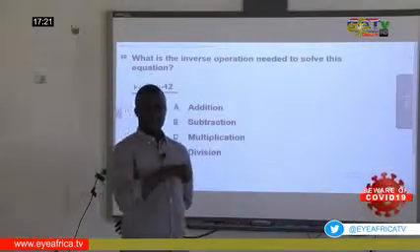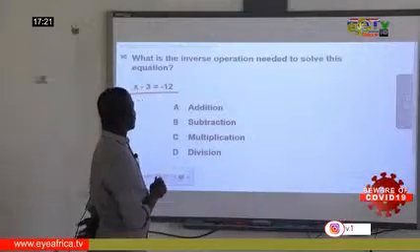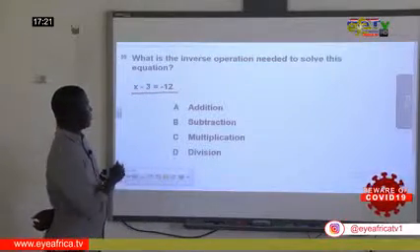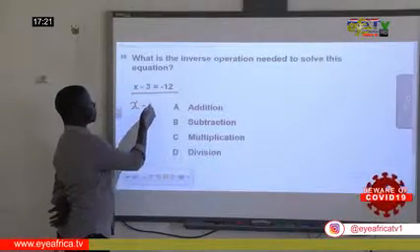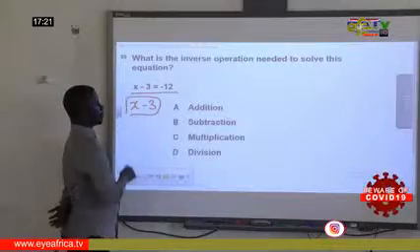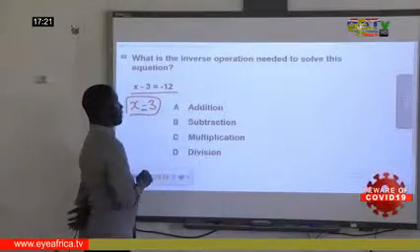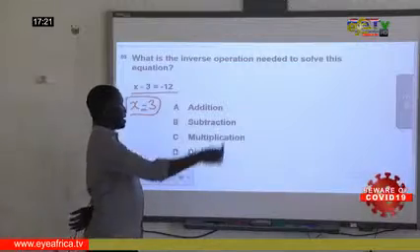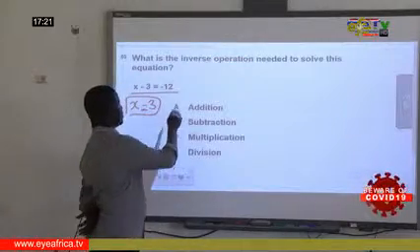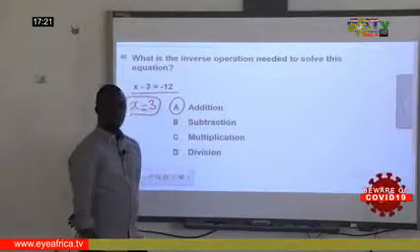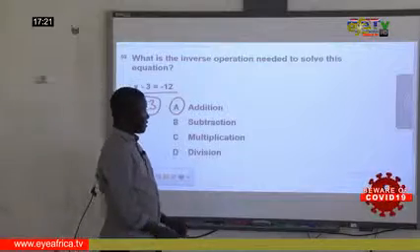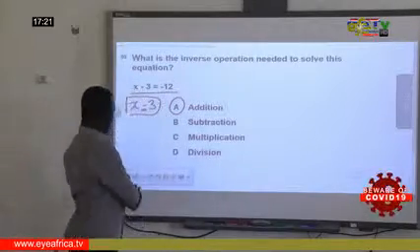Then we use their inverse to isolate our variable. We can see we have x minus 3, so a subtraction is involved here. And the inverse of subtraction is addition. So addition is the correct option.